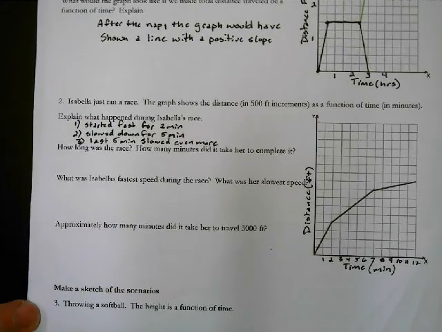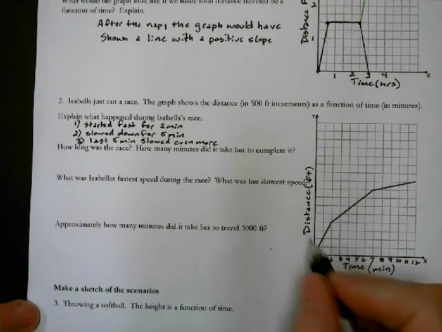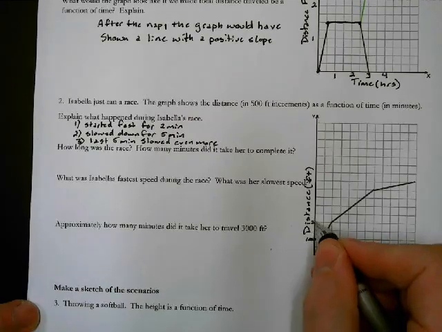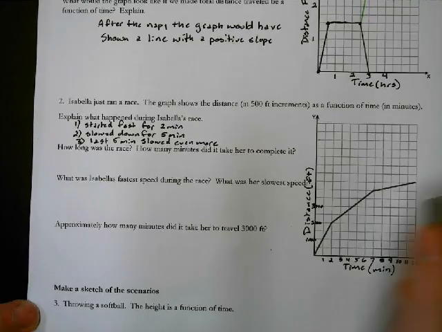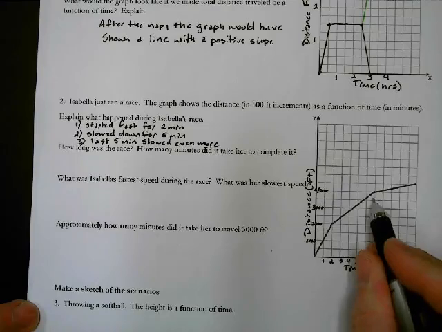All right, let's see if we can find out how long the race was. So that's total distance. So let's see, these are in 500 increments. So this is 1,000, this is 2,000, 3,000, 4,000. Is she done yet? Nope. 4,500.